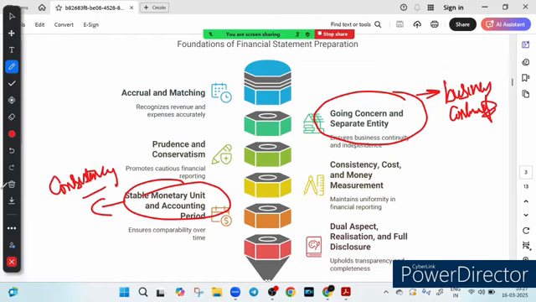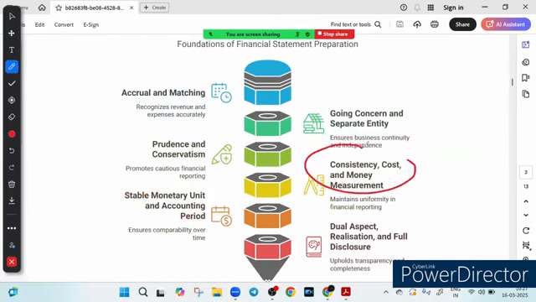Then we have consistency, cost, and finally money measurement. Financial reporting should follow uniform standards so that statements remain comparable across time and companies. Costs should be recorded based on their actual value, avoiding misleading inflation of assets. And then we have dual aspect, realization and full disclosure.